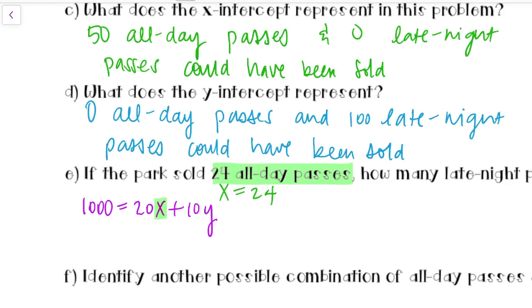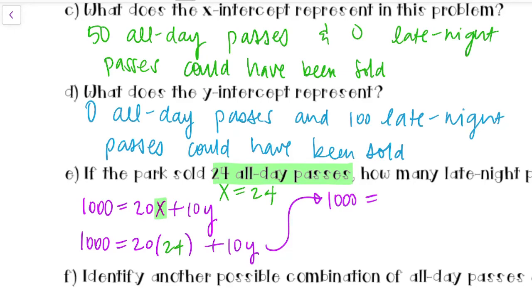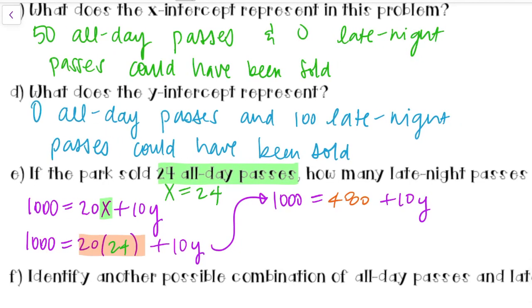So our equation is now 1,000 equals 20 times 24 plus 10y. 20 times 24, simplifying the right-hand side, will give us 480 plus 10y. And then our goal is to get y by itself, so that means we will subtract 480 from both sides.